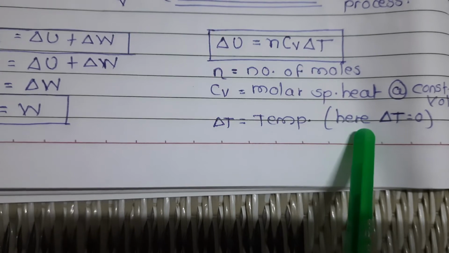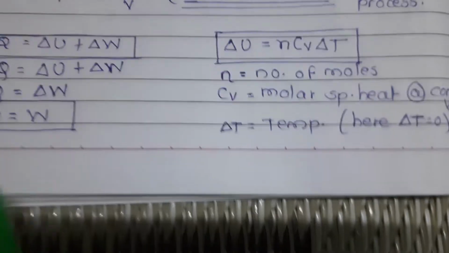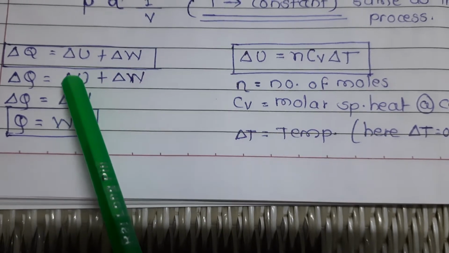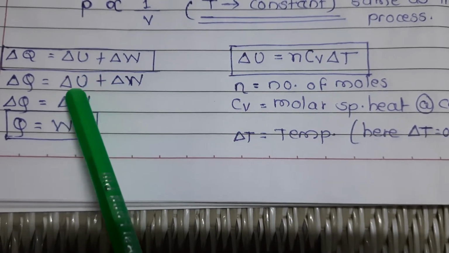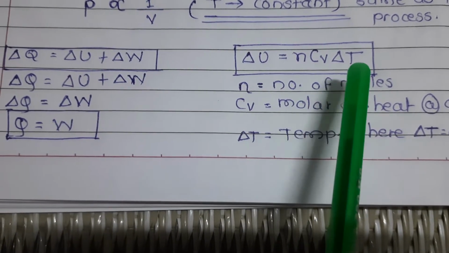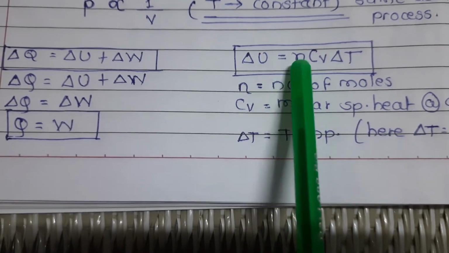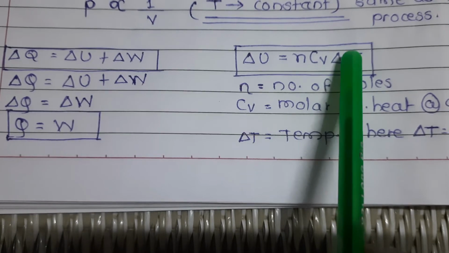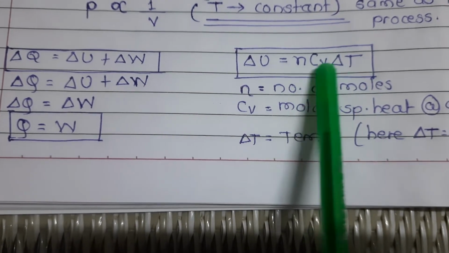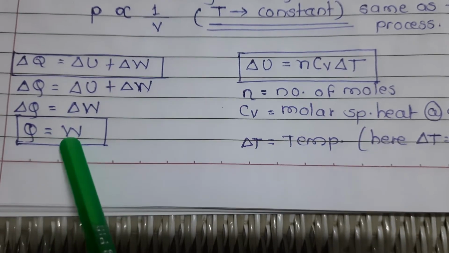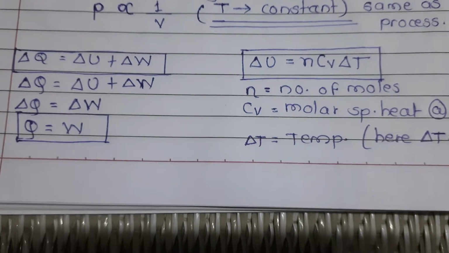Here delta T is equal to 0. Hence we can put delta U equal to 0 directly, because delta U becomes 0 as delta T is 0, multiplication by 0. Hence we get Q is equal to W.